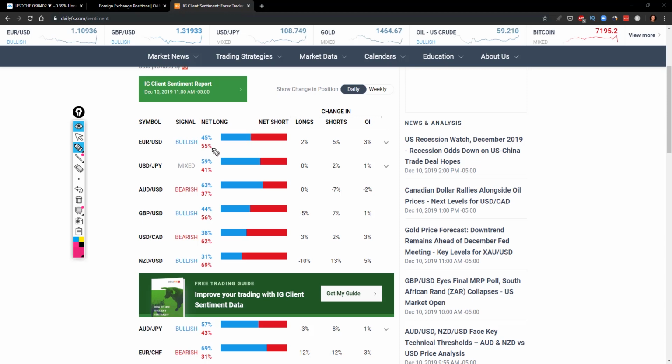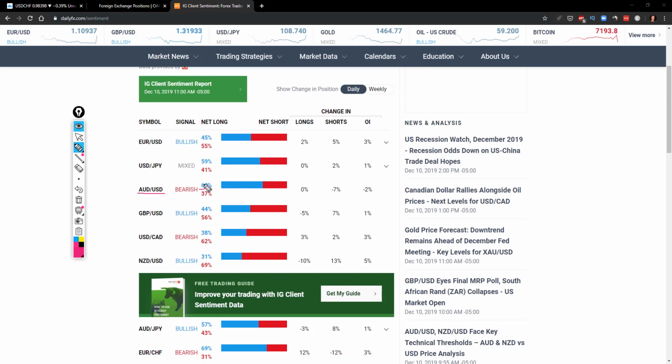For the purpose of this example, we'll just do it on the daily basis. And so what I'm seeing here as we're looking through, we're looking for heavy skews to one side or the other. And so looking at Euro USD, this looks pretty balanced. USD Japanese yen, again, pretty balanced. Aussie dollar, US dollar, this one's starting to look a little bit better. We've got 63% of IG clients are actually long the Aussie dollar against US dollar.